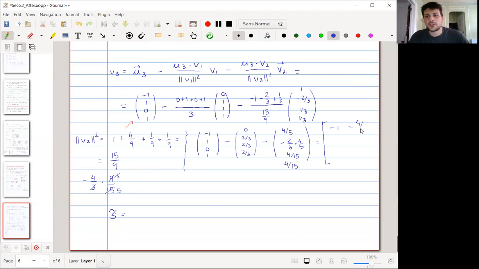We get -1 minus 4/5 is the first entry. Then we have 1 minus 2/3 plus 8/15. And then we have minus 2/3 minus 4/15. And 2/3, oops, again, minus 2/3 minus 4/15.